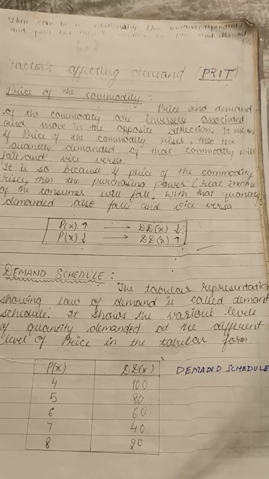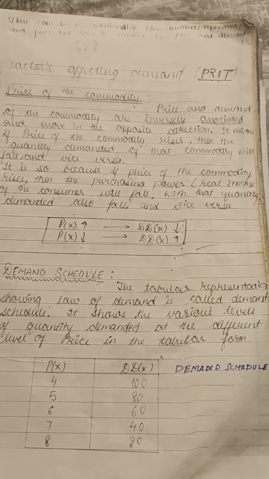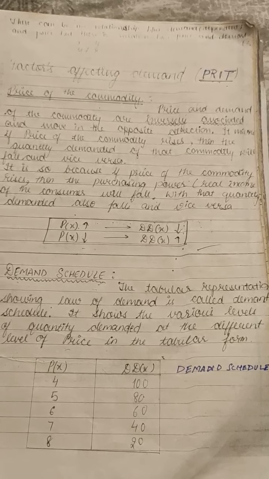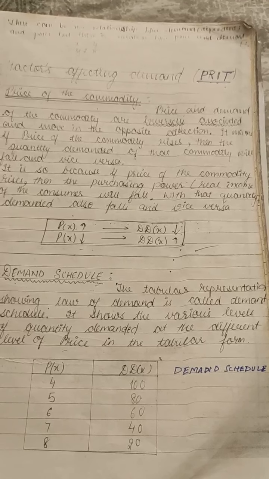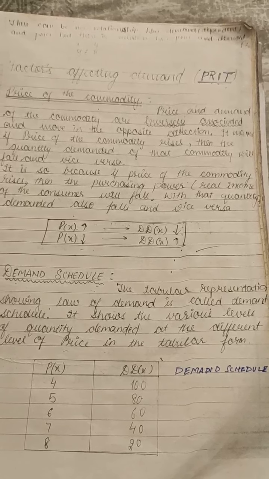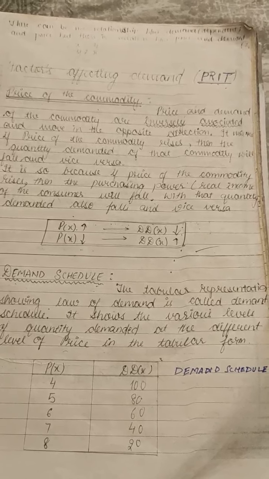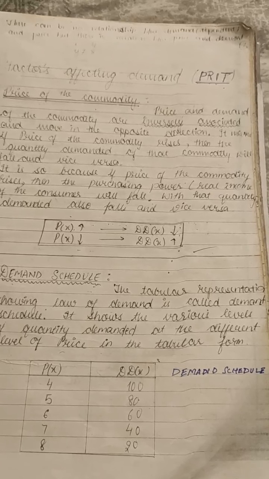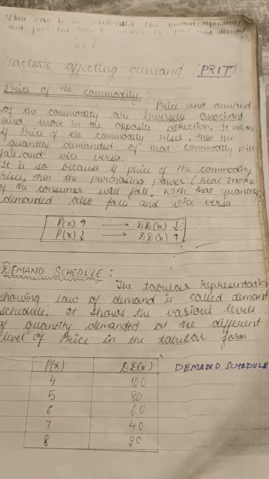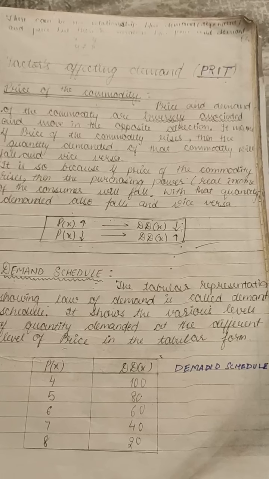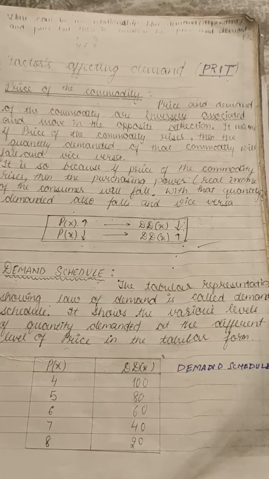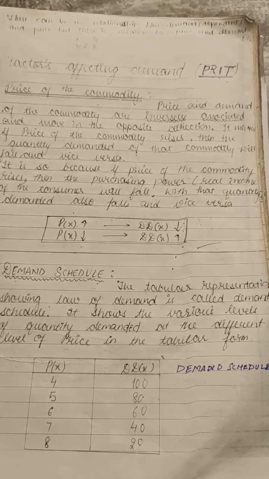At price of rupees 4, 100 units of commodity are demanded. At price of rupees 5, 80 units of the commodity are demanded. At price of rupees 6, 60 units of a commodity are demanded. At price of rupees 7, 40 units of a commodity are demanded.